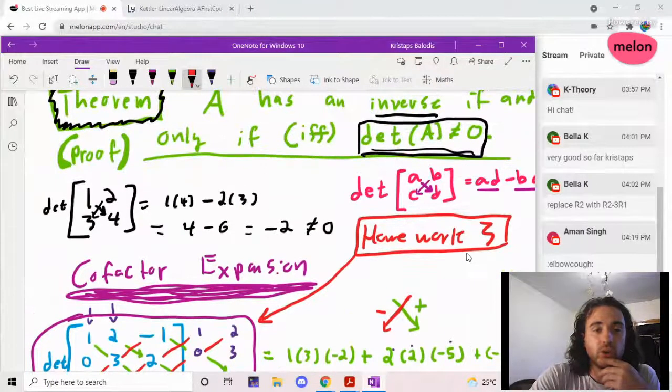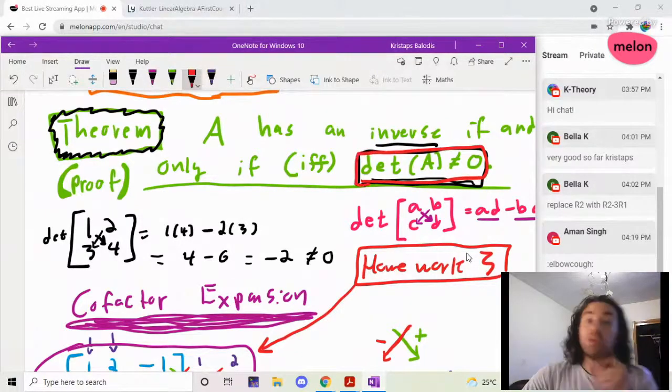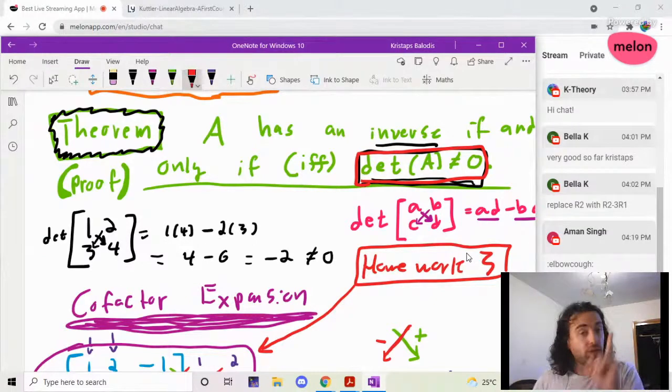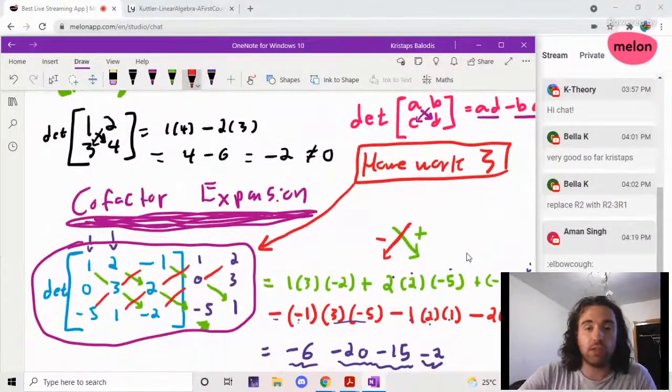And what did I tell you? I said that a matrix has an inverse if and only if its determinant is not equal to 0. So minus 43 is not equal to 0. So if what I said is true, then this matrix should have an inverse. So homework 3 is find the inverse.